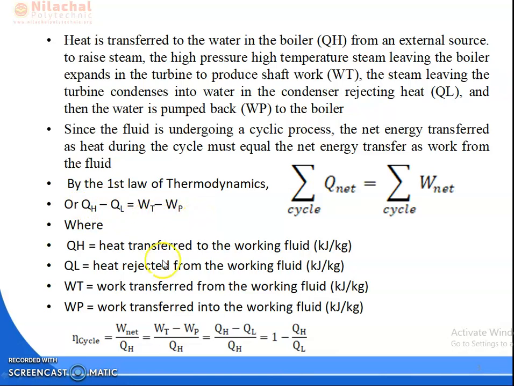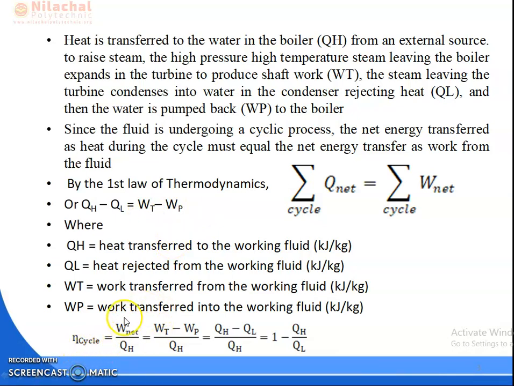Here QH is the heat transfer to the working fluid, QL is the heat rejected from the working fluid in the condenser, WT is the work done by the turbine, and WP is the work input to the pump. So W net is equal to QH minus QL, or W net is equal to WT minus WP, because work done on the system is negative.